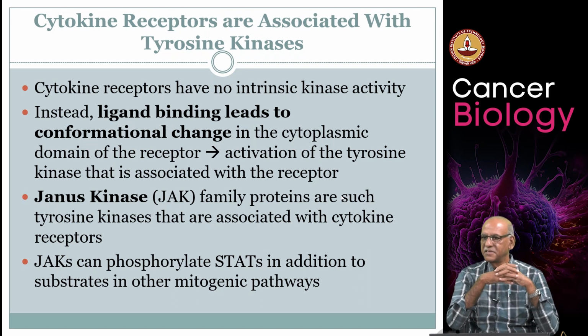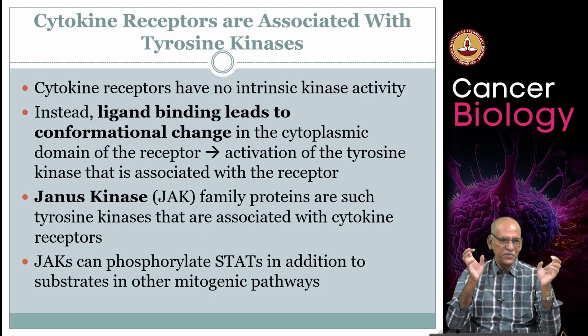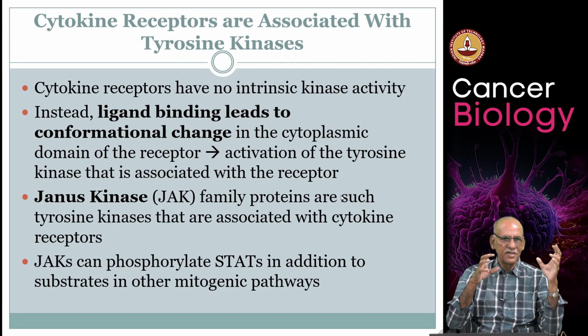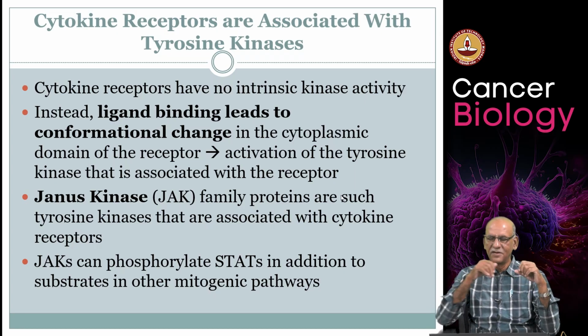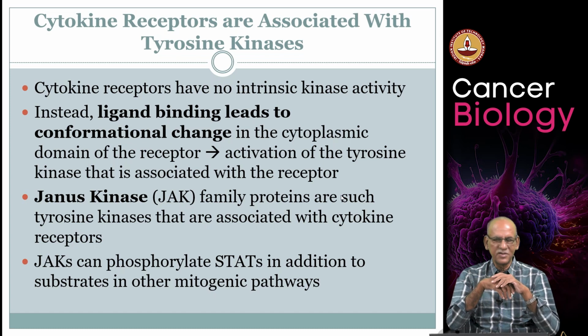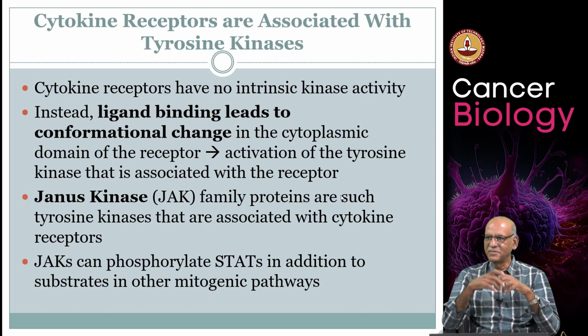There are many kinases, and people have called this one Janus kinase. Janus, because Janus is a what? Have you heard of that? In Greek mythology, it has two faces, two different faces. I don't remember what the two different faces are, but it has got two faces, the god. Just like our Hindu gods also, like Ganapati having an elephant head and a human body, something like that.